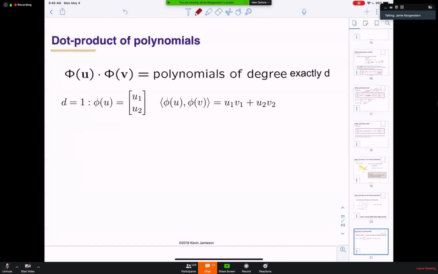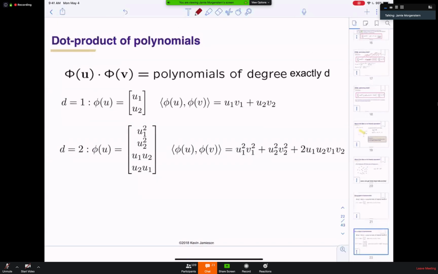If we're projecting our data into D dimensions, that's fine if D is 1. When D is 2, we suddenly see that we need many more dimensions, twice as many, to represent our lifted data.